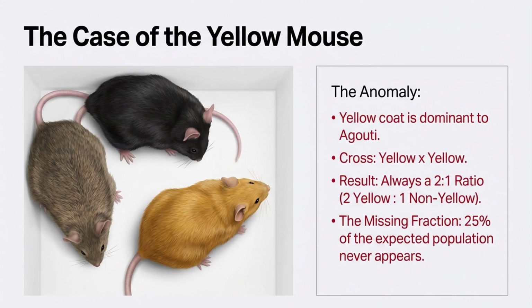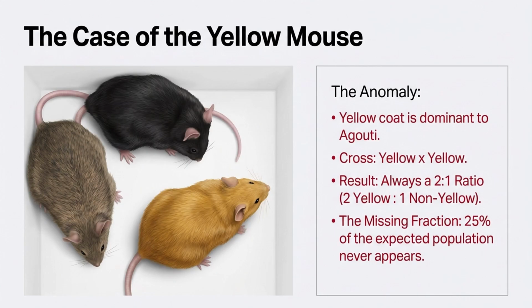mouse is produced. Initially, people were conducting experiments and thinking that this cross was also following the Mendelian rule. But with a consistent approach, they found that when two yellow mice are crossed, instead of 3:1, a 2:1 ratio is produced.